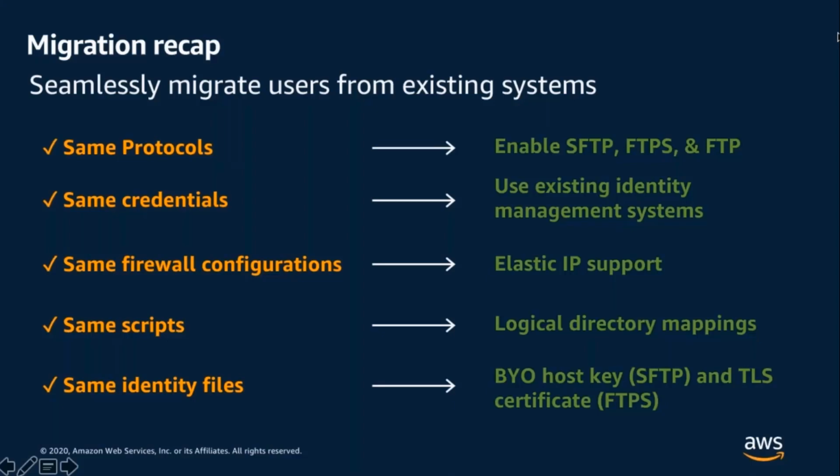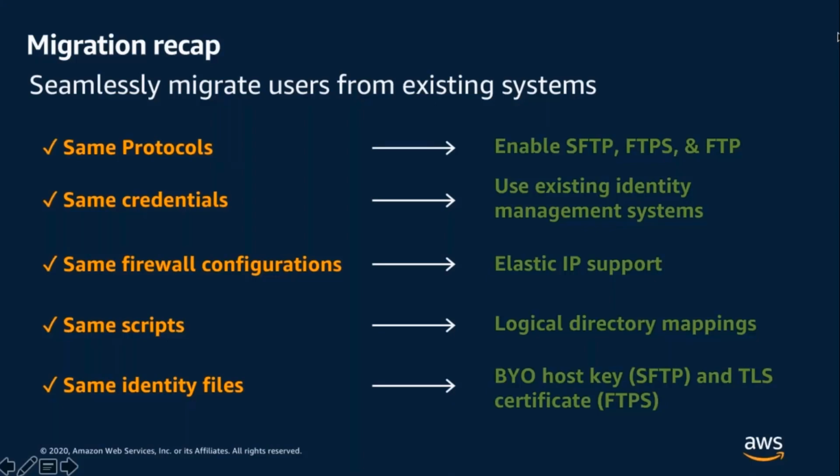If you wanted to keep some of the firewall configuration the same on your end user side, the Elastic IP that Jeff demoed gives you a way to keep the IP address on your endpoint static. If your users have scripts that they're using to access your data, the logical directory mappings you saw give you more flexibility on how you want to present some of those folders to your end users as they log in and access your data.